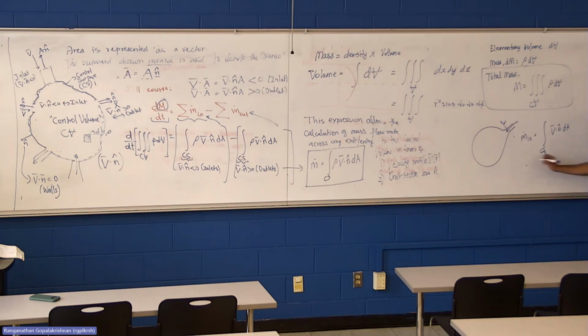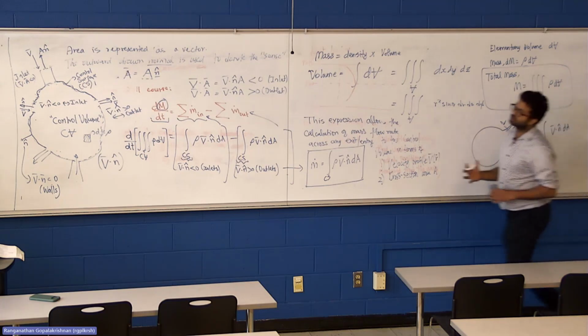What is the rate of change of mass of this balloon? Let's say you inject air at a certain density that is constant. How will you calculate the rate of increase of mass of this balloon? It would be density times the rate at which the volume of the balloon increases, right?